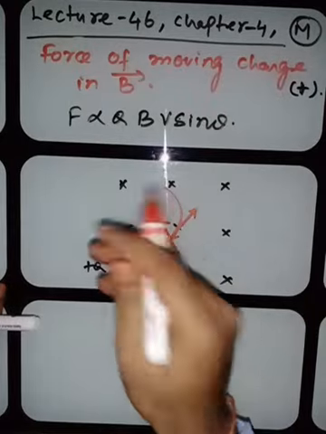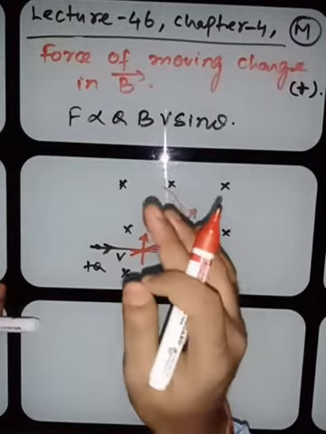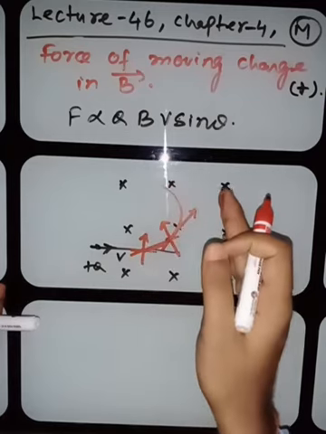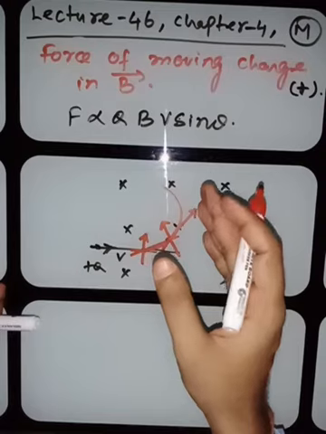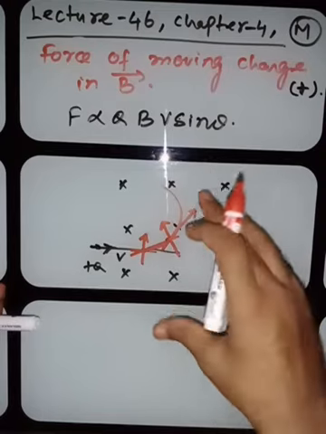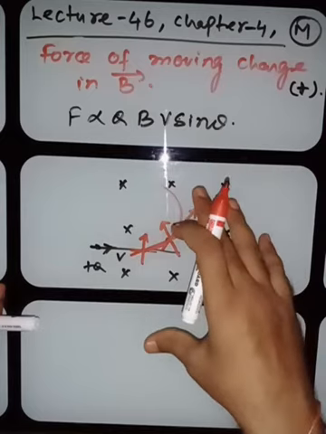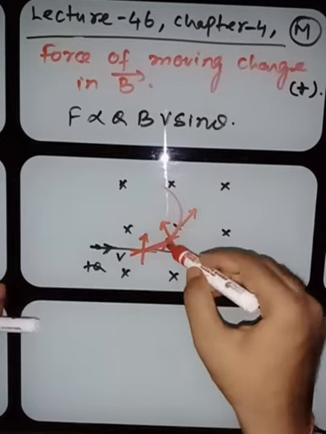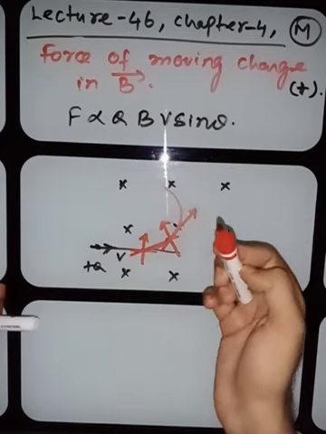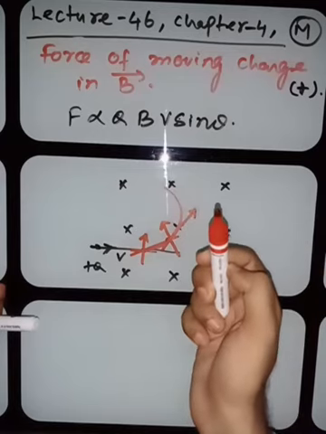So kindly note down the point I'm telling you: whenever any charged particle is projected inside a magnetic field, it moves on a circular path. Now my dear students, if it is moving on a circular path, one force is acting, the magnetic force.